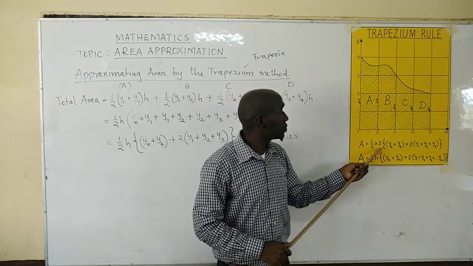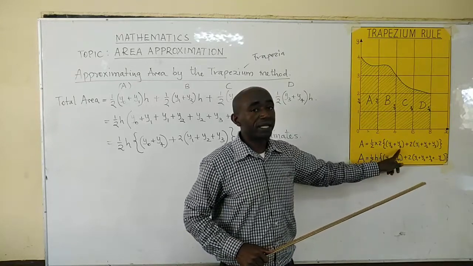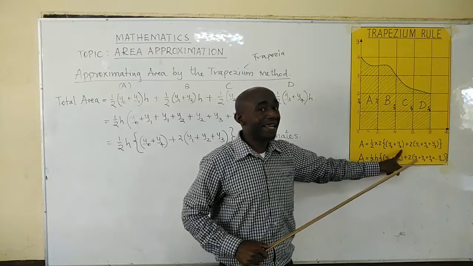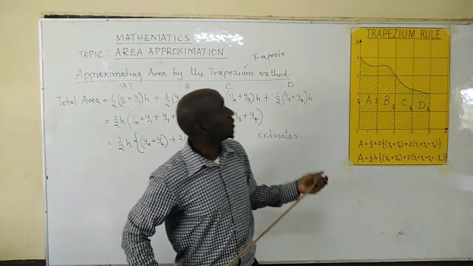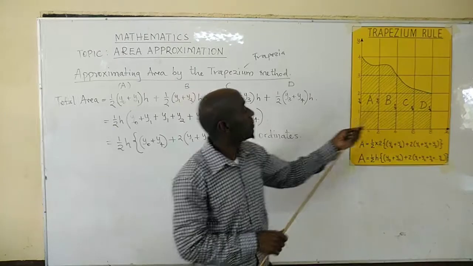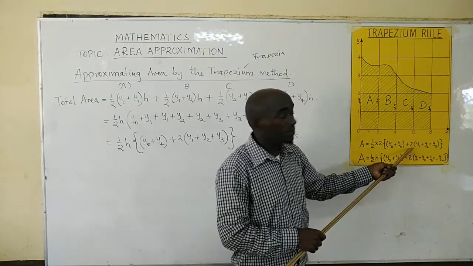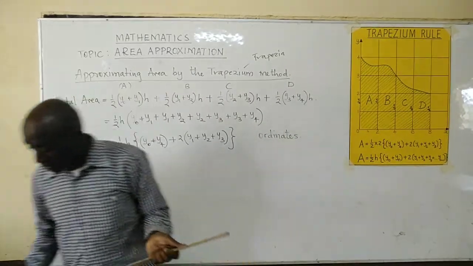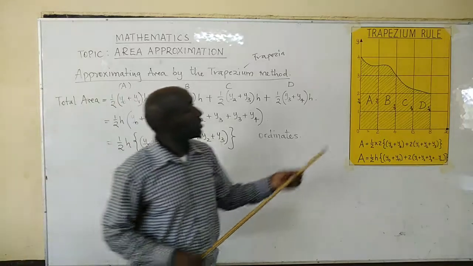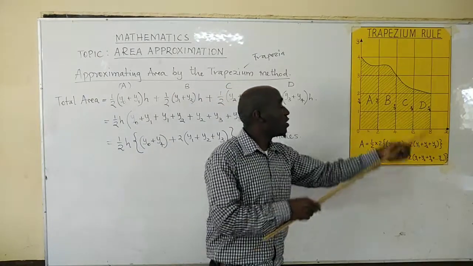Open the outer bracket. Then inside the bracket, add the first and the last y's, that is y0 plus y4, then plus 2 times the remaining ordinates. So these are the ordinates: y0, y1, y2, y3, and y4.